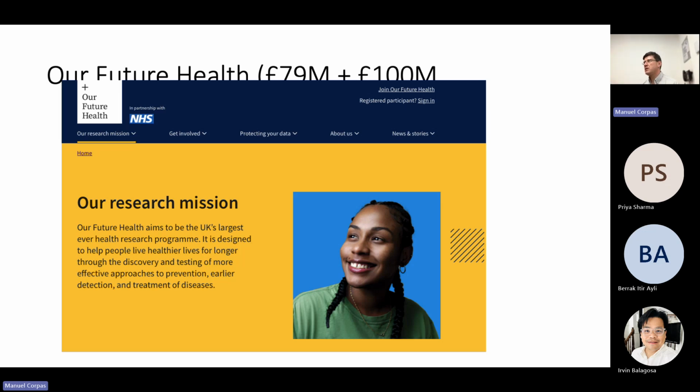I got an email last week saying that an Our Future Health van would be in my area if I wanted to go and donate. So there's a lot of recruitment effort behind this.